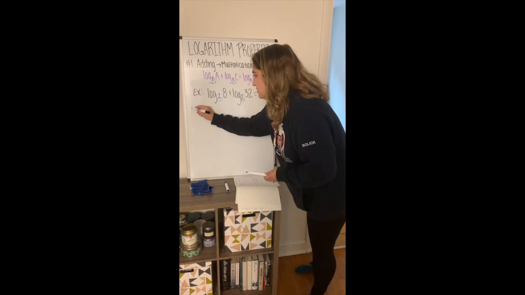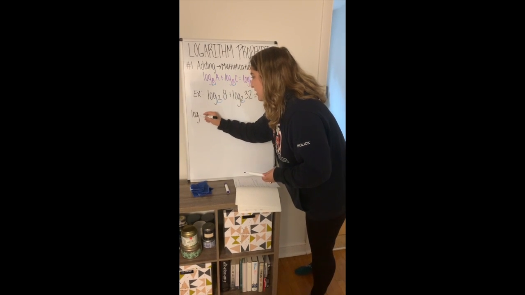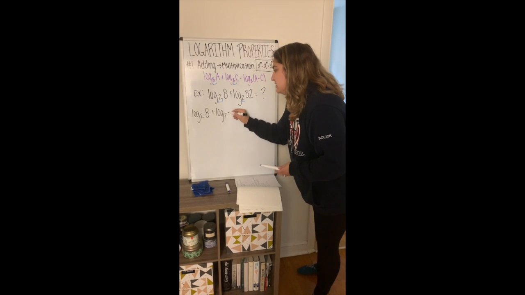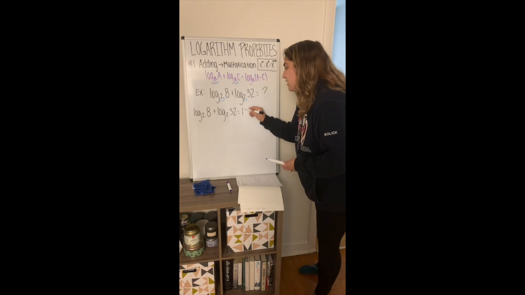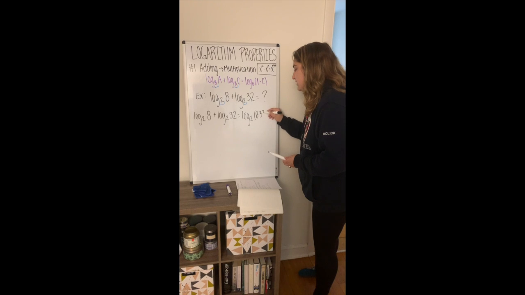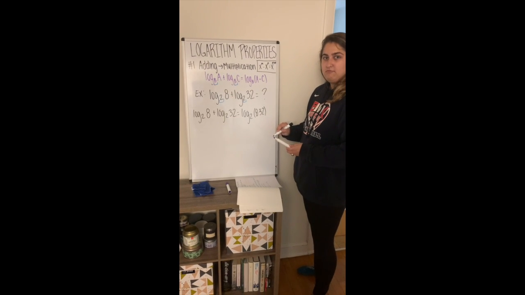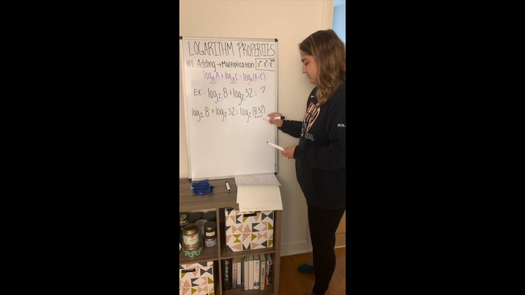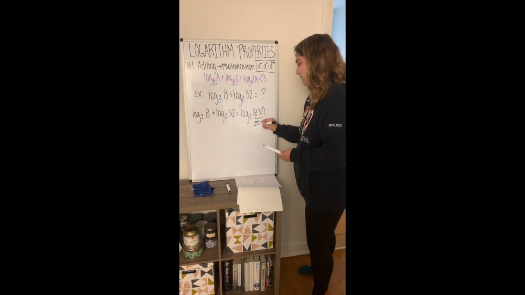So this really just turns into log base 2 of 8 plus log base 2 of 32 equals log base 2 of 8 times 32, which we can just write as 256.